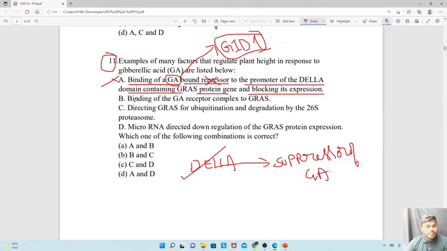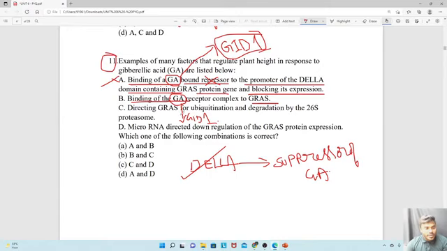Option B, binding of the gibberellic acid receptor complex to the GRAS. You know, GRAS is an important protein that is also involved in the regulation of the gibberellic activity. Every student listen to me carefully: the moment gibberellic acid comes and associates with the GID1, immediately what happens?